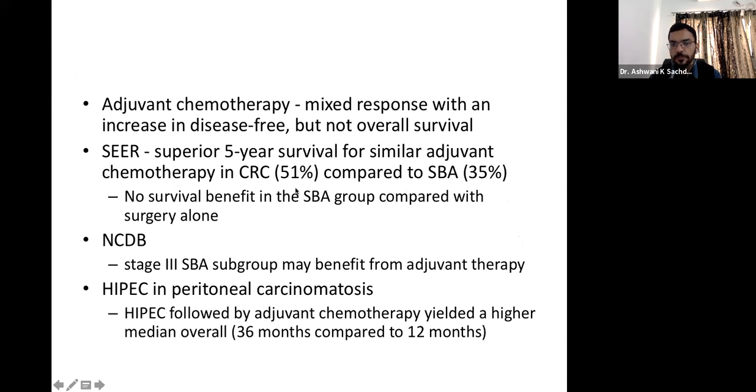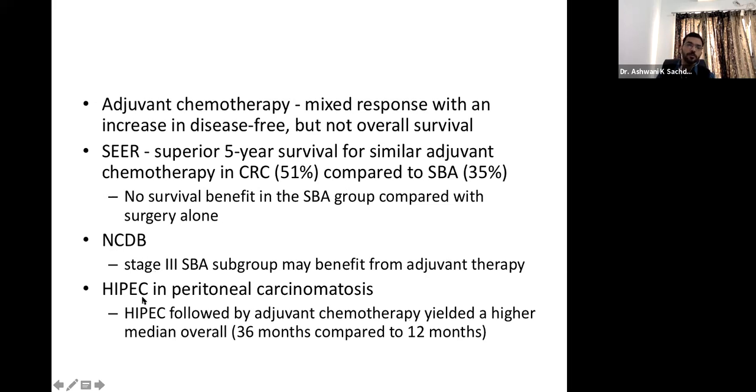Okay, so giving that chemotherapy will give better results in colorectal cancer than in small bowel adenocarcinoma, but there is no additional overall survival benefit in small bowel adenocarcinoma compared with surgery alone. But the NCDB, National Cancer Database Registry, has shown that the stage 3 small bowel adenocarcinoma subgroup may benefit from adjuvant therapy.